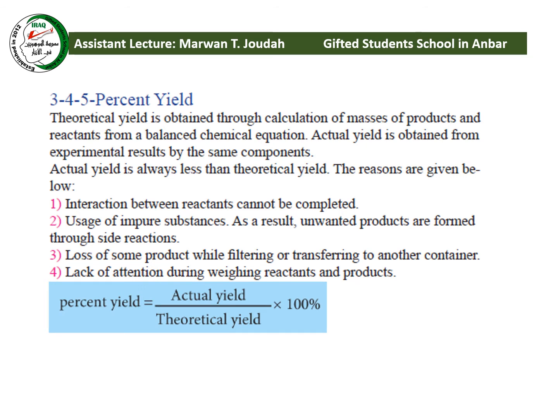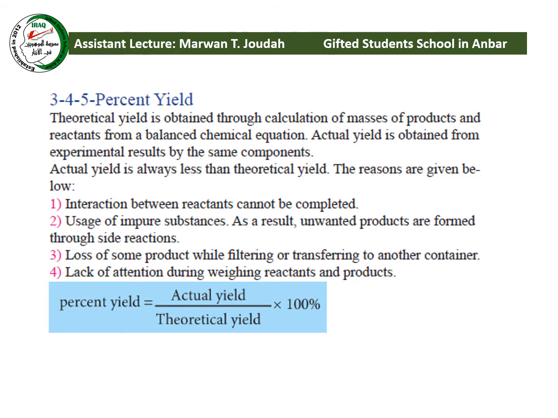For instance, one of the reasons that may have affected our result is that the interaction between reactants cannot be completed. This is the first one. Others are the use of impure chemicals, as we mentioned, loss of some products, lack of attention, or stuff like that.